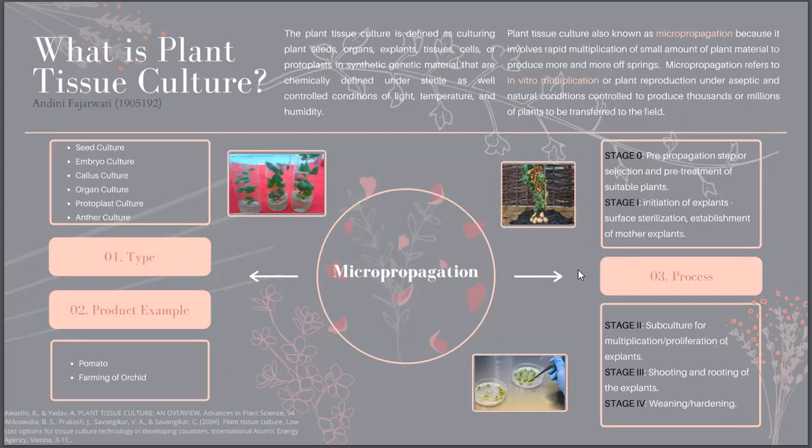In this stage, the parent plant that we would like to take a part from will be selected, because the purpose of plant tissue culture is to produce a better plant or better individual.